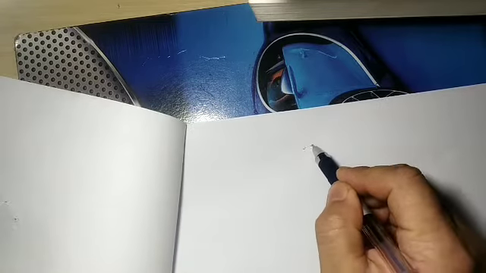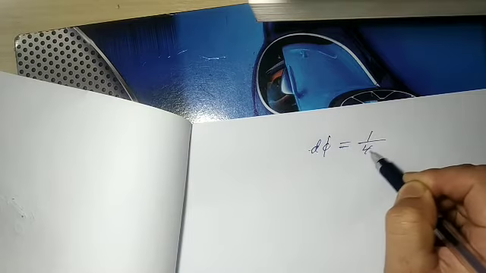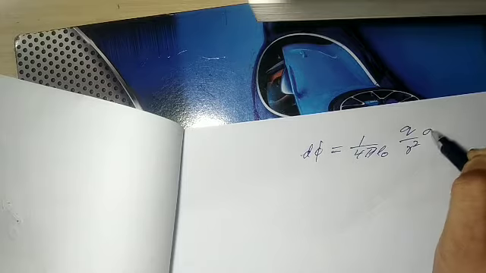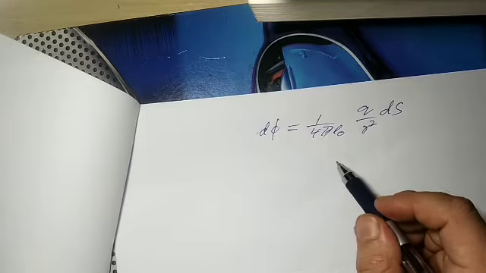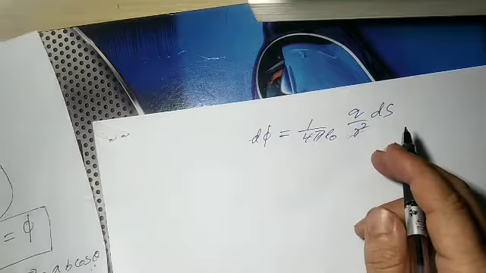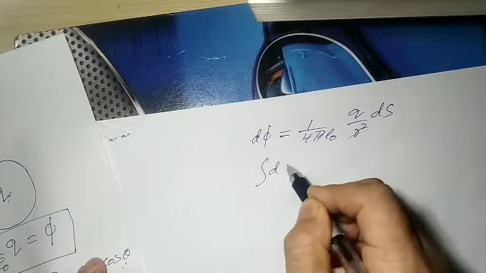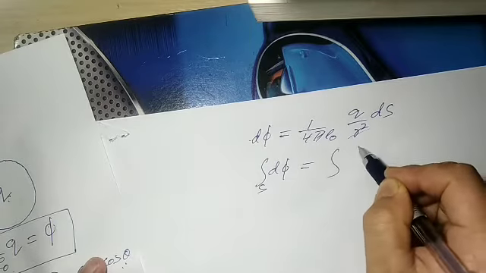But we have to find the total electric flux, right? d phi we are getting is 1 by 4 pi epsilon naught Q by r square dS. This is the small electric flux. So we have to find the total electric flux. For that we have to integrate d phi over the surface. Here also we have to integrate.